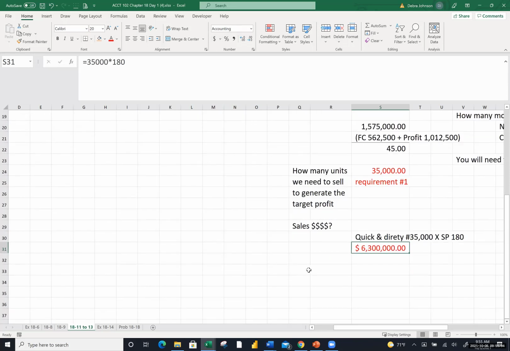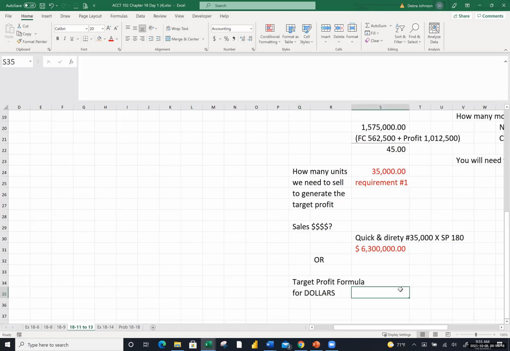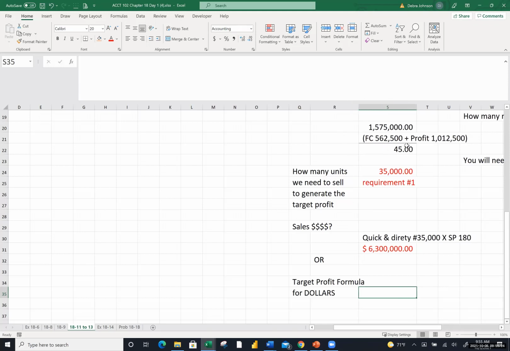Okay, or remember, there's lots of alternatives. I can go back to the target profit formula for dollars. And what I would do in that case, my numerator would be exactly the same, but instead of dividing by $45, I would divide by the contribution margin ratio. Okay, so the top's the same. I'm going to go grab the top.